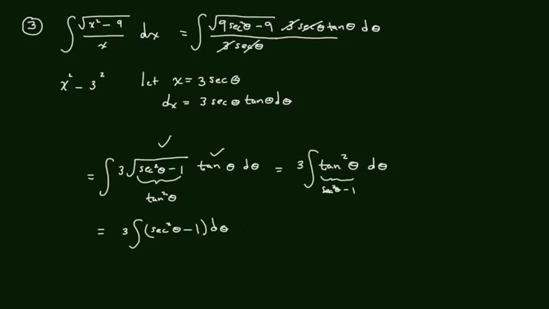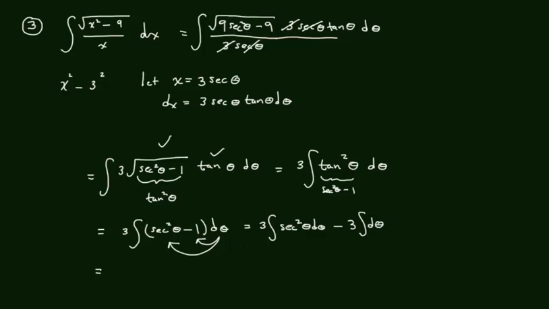Okay, so I'm going to break this into 2 separate integrals. 3 times the secant squared theta d theta minus 3 d theta. See that? I distribute the 3 and also distribute the d theta and separate it. Sum of integrals is integral of sums. Okay, so what do I have here? 3 times book of memories.